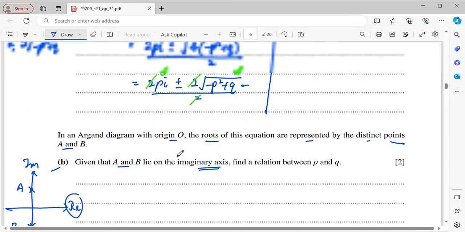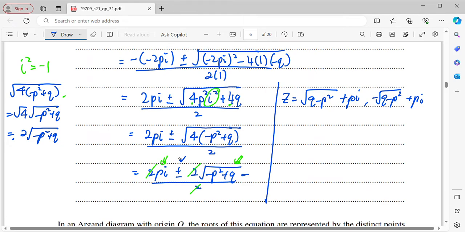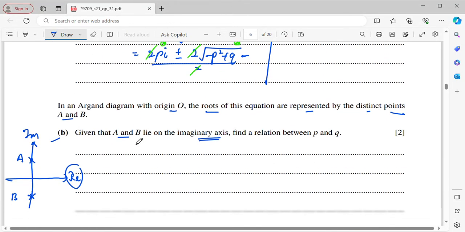So which means this square root must be negative, so that it will be an imaginary part. Okay, and this imaginary plus the other imaginary means you will be getting an imaginary value for both roots.